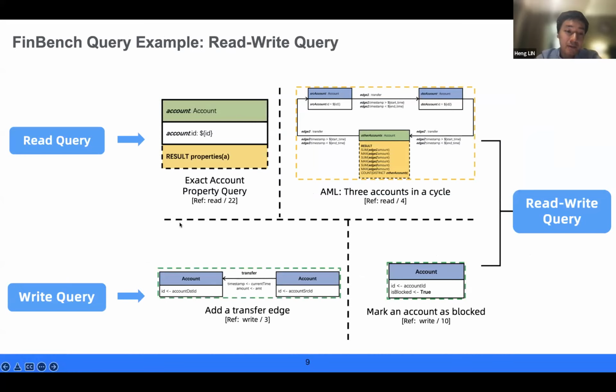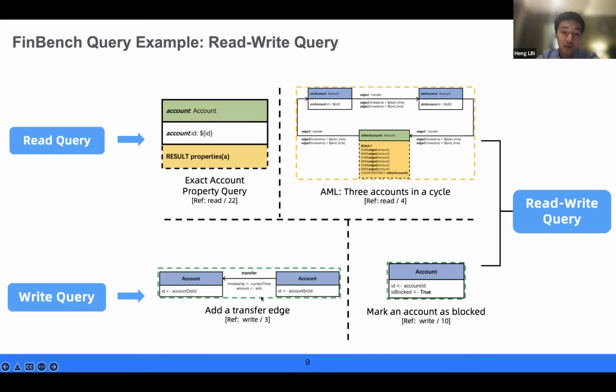Here is an example. We have read queries above and write queries below. The read query can be very simple, like just extracting an account's properties. It can also be a bit more complex, like finding a circle: account A transfers money to B, B to C, and C to A. It's a circle.